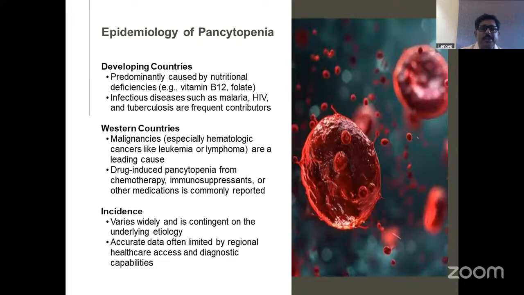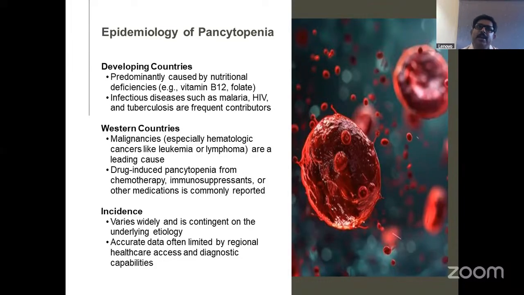So, what is the status of pancytopenia worldwide? If we consider our own country as a developing country, the predominant cause of pancytopenia is nutritional, that is, vitamin B12 deficiency and folate deficiency. Infections become an important cause of pancytopenia, such as malaria, HIV, and tuberculosis, specifically disseminated tuberculosis, which are frequent contributors.